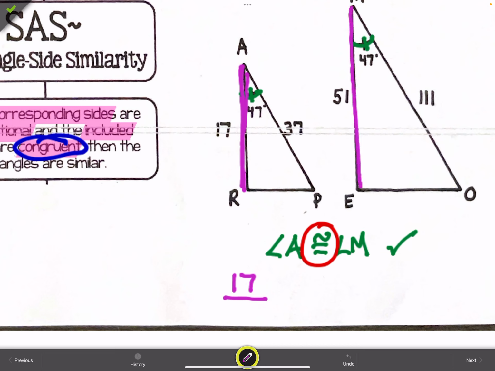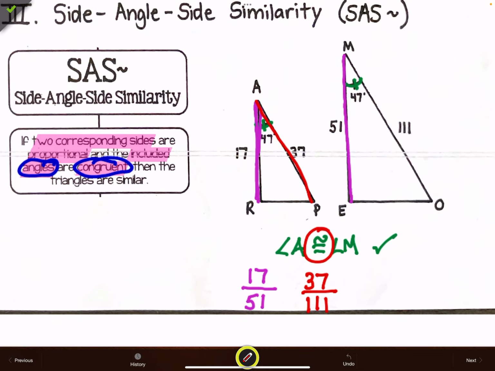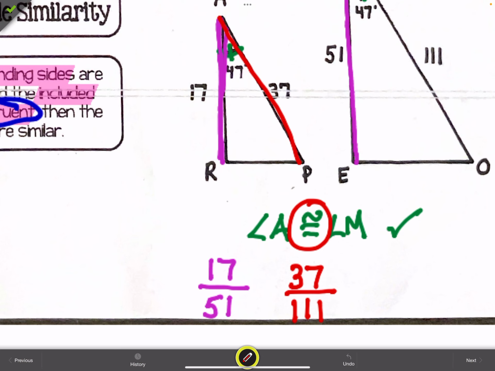Then go back to my little triangle because that's where I started. I'm going to look at the 37. Okay, so the 37 corresponds with the 111. So now I have to see, do they give me the same decimal or reduced to the same fraction? Technically, I'm trying to figure out, are these two fractions equal?